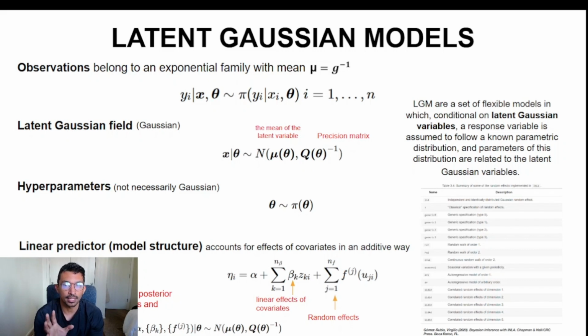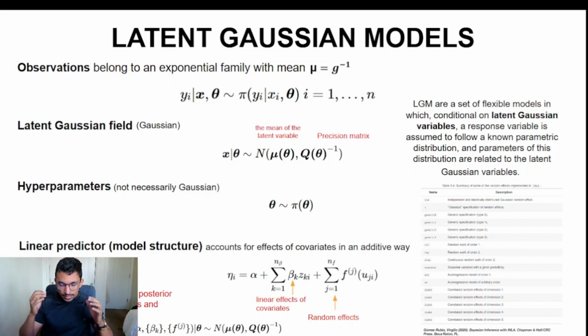But in that case, this approach makes a strong assumption, right? This assumption is that this unobserved variable follows a Gaussian distribution.